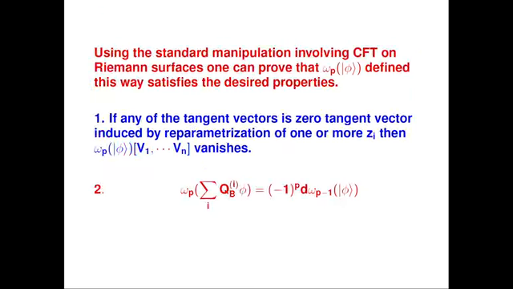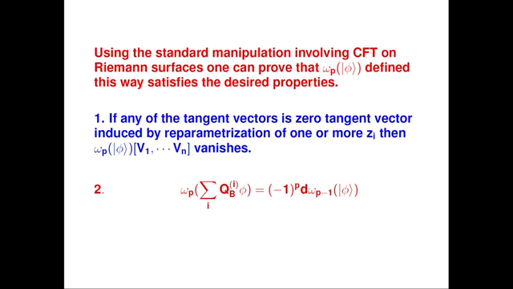Now, of course, one has to make sure that this definition is consistent. What do I mean by consistent? First of all, there are many tangent vectors which are 0 as tangent vectors of PGN, but they correspond to non-trivial vector fields. These are vector fields induced by reparametrization of the z's, but we know that those are 0 as tangent vectors.